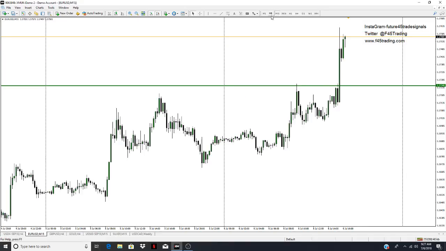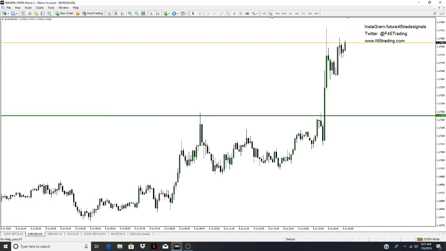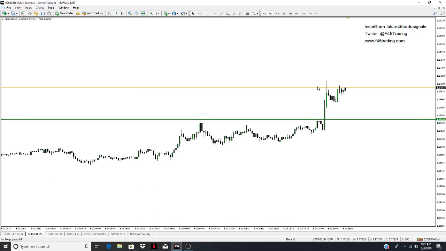How do you get in on this trade, right? You could be buying a breakout here, but you're chasing price if you're doing that, but it is a pattern to trade. If it starts breaking out of here, you could buy it with a really tight stop.